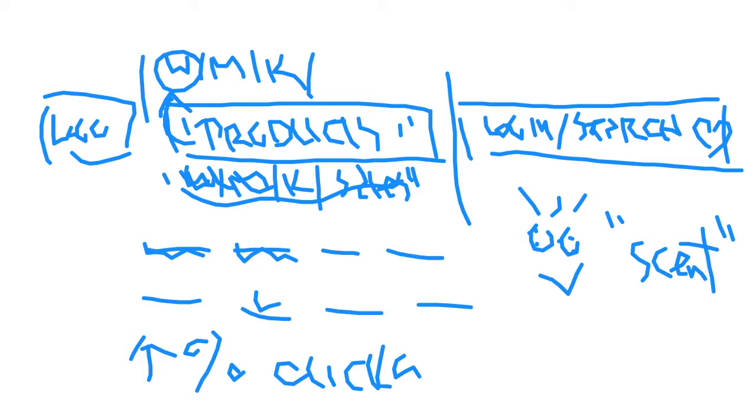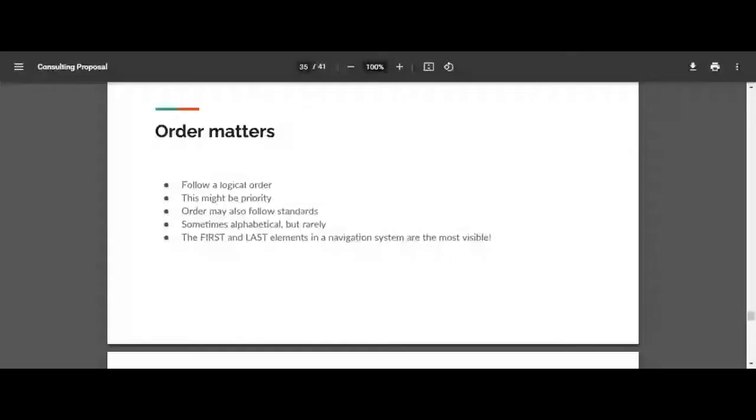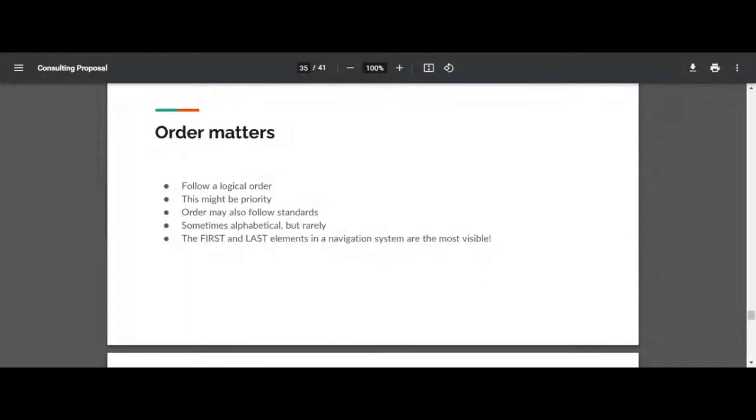And the first and the last elements on the navigation are the most visible, and that came from research. So the first and last items on the navigation are the most visible, because there's nothing really around them, right? And then in the middle you have a lot of noise. How do you put your eyes on the middle item?